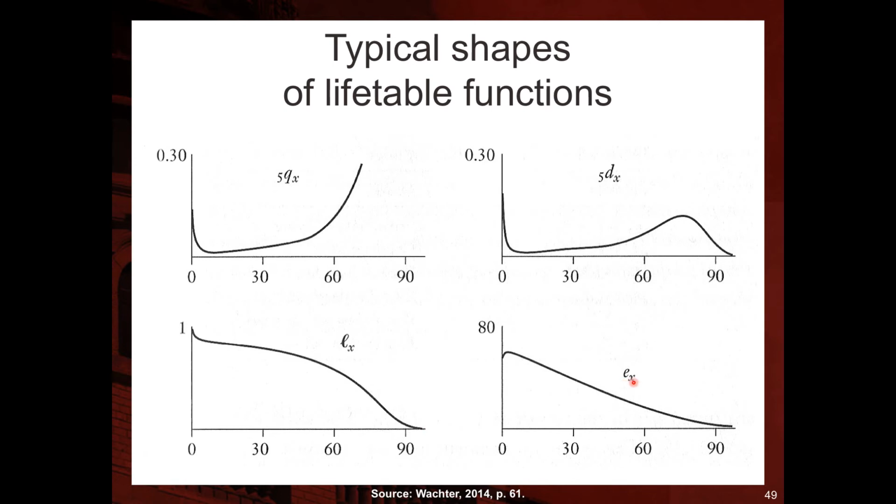And the life expectancy at age X can increase a little bit from the first to the following age group, exactly because of high levels of infant mortality. And once the children survive, they pass that chance of dying and they survive to the next age group, so the life expectancy remaining goes up, but then it starts to go down again.